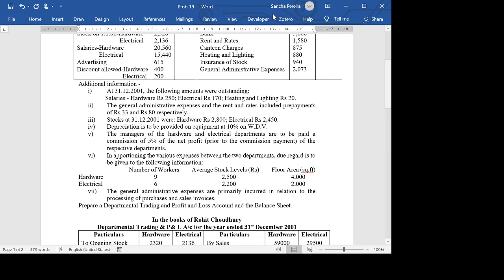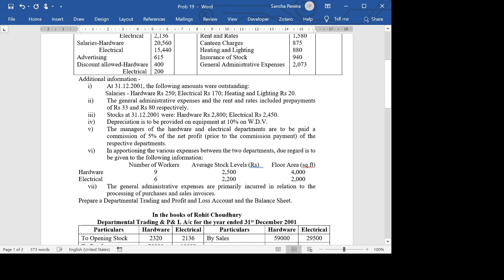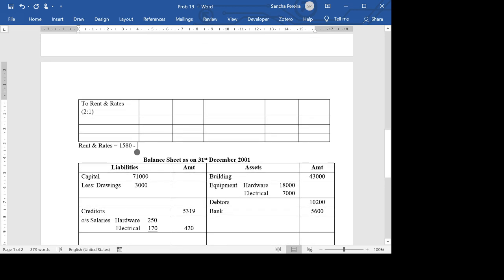Prepayment is how much? Prepayment is 80. That is paid in advance. So we need to minus that 80. And actually the rent and rates are 1,500. So when we are dividing it here, it will be 1,500. So here it will be 1,000 and here it will be 500.